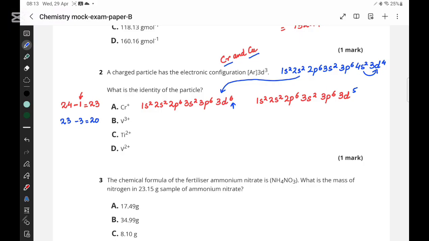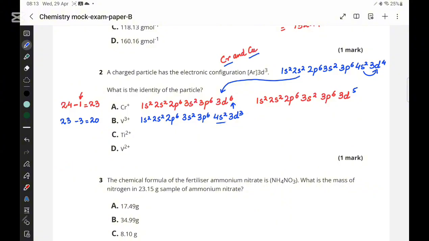And now let me write the electronic configuration for vanadium first. When it is having 23 electrons, it is going to be 1s2, 2s2, 2p6, 3s2, 3p6, 4s2, and 3d3. And when it tries to lose 3 electrons, first the electrons will be removed from the outermost shell, that is 4s2.